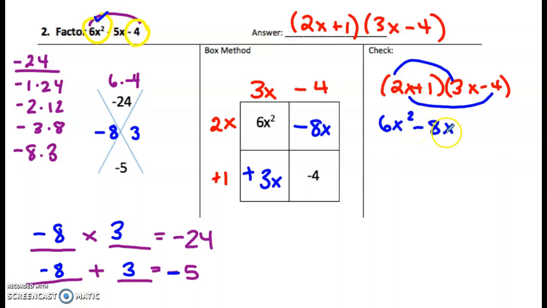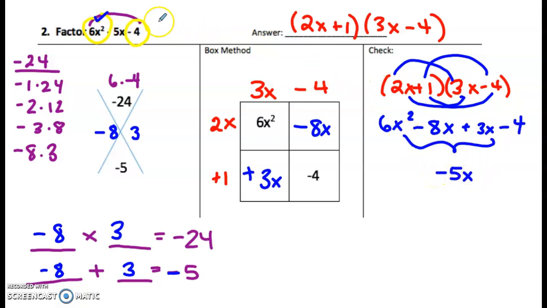I'm not going to see that over in the original problem yet. A 1 times a 3x is a 3x. And then a 1 times a negative 4 gives me negative 4. When I combine my like terms, I get the negative 5x that I had in the middle, and then we had the negative 4 there at the end. So that shows me that it works.